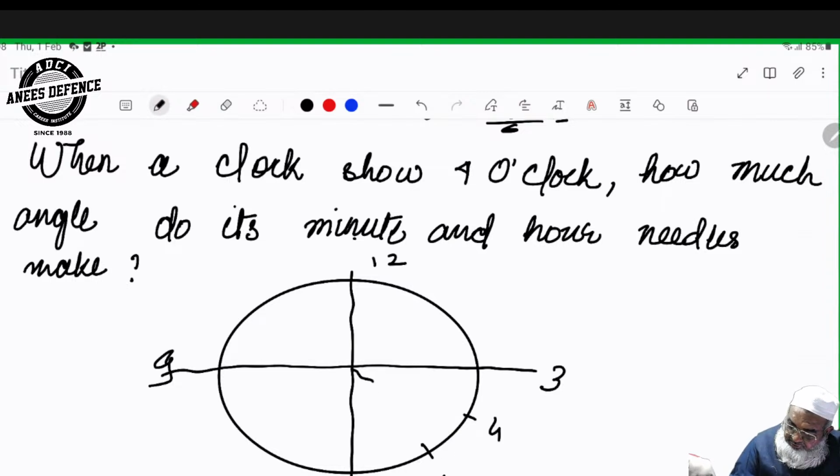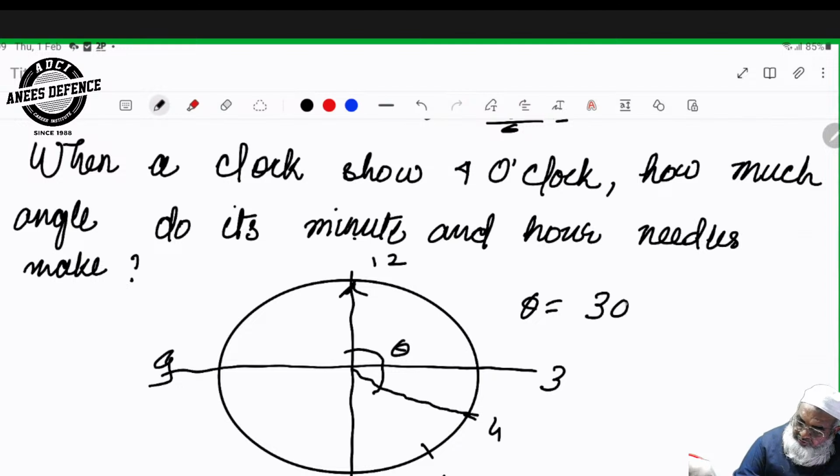So when the time is 4 o'clock, they want this angle. How much is this angle? Theta. How to find theta? Theta is equal to 30 into hour minus 11 by 2 into minute.